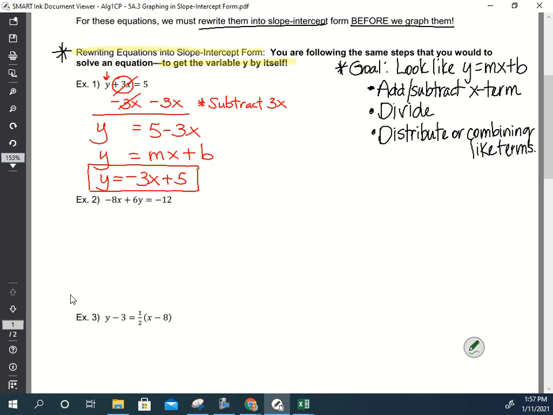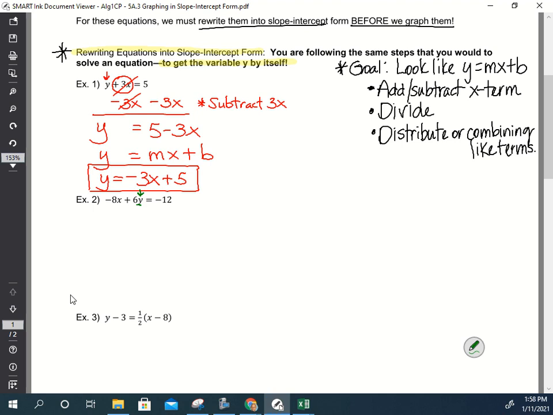Let's do example number 2. Example 2. You have negative 8x plus 6y equals negative 12. Negative 8x plus 6y equals negative 12. So we need to get 6y, we need to get y by itself.